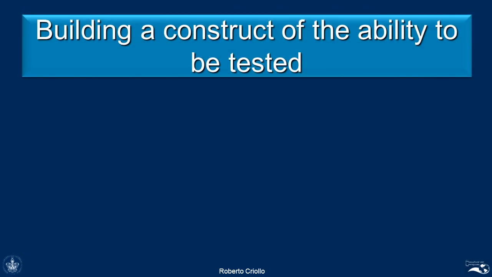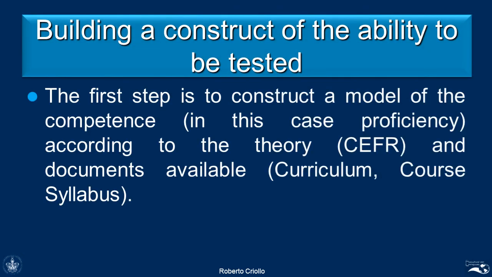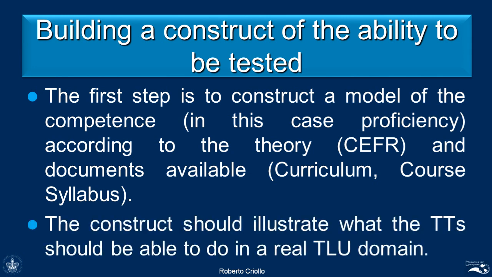Having said that, it turns out that the first step is to construct a model of competence, in this case of course proficiency, according to the theory that we have available. That means the Common European Framework of Reference and all of the documents that we have available about the course, such as the curriculum or the course syllabus.